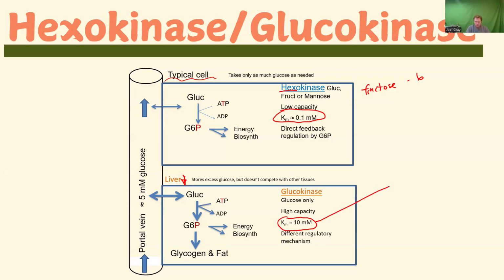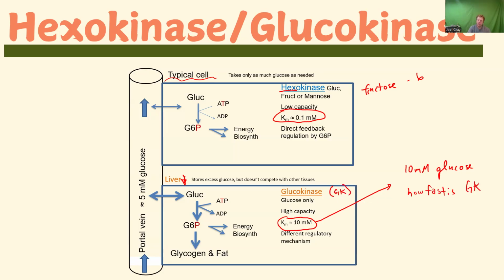Okay, so if you were to give glucokinase 10 millimolar glucose, could anyone tell me how fast glucokinase is going to be catalyzing its reaction? I'm going to label glucokinase as GK.